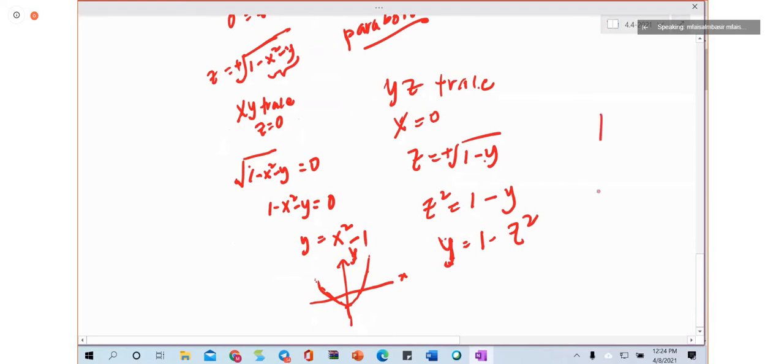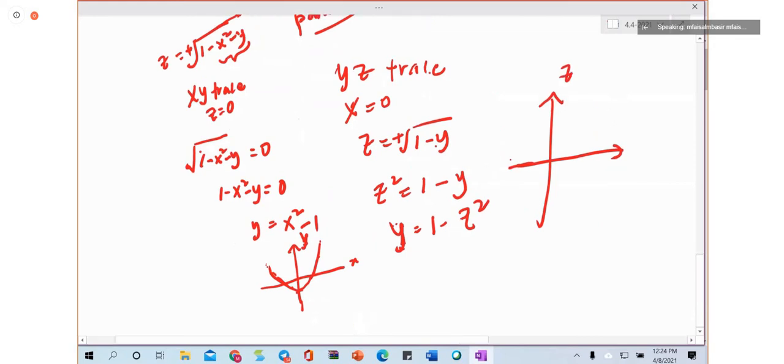So if you draw this, you have z, y. When z is 0, y is 1. When y is 0, z is 1, negative 1. Right, so you have it like this.